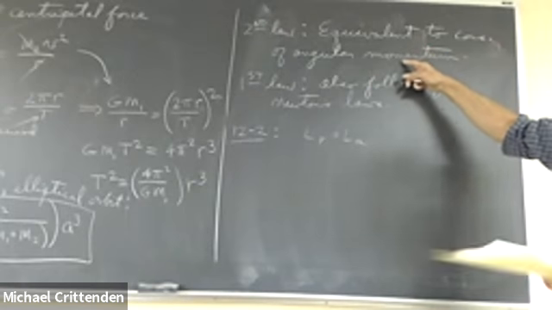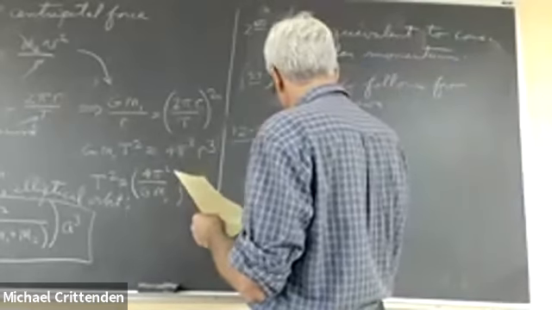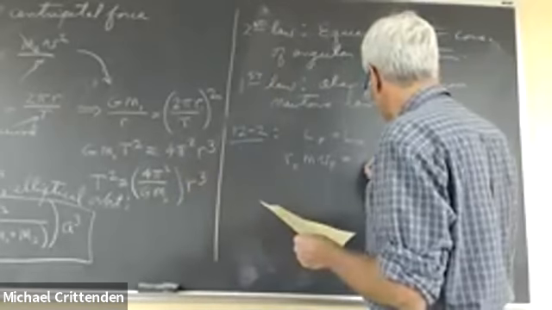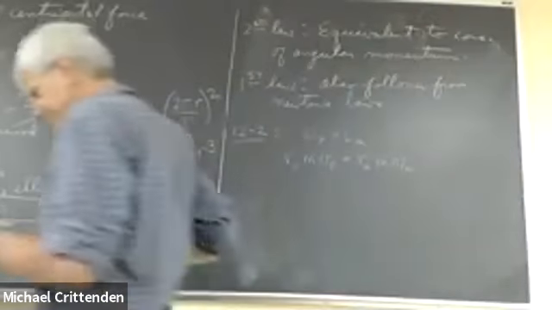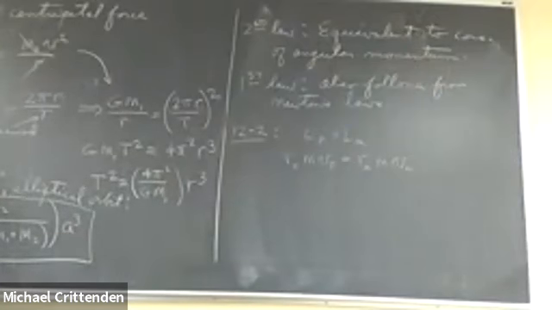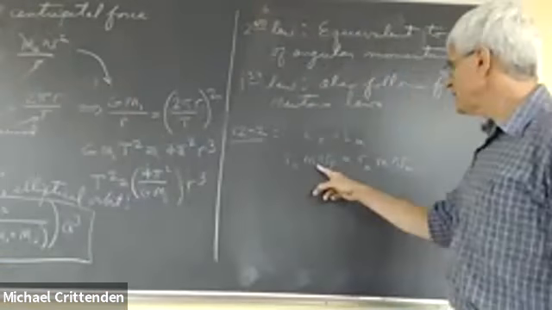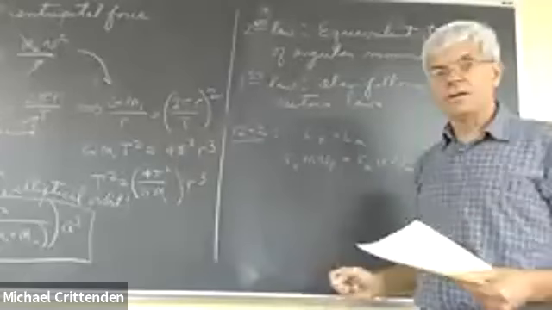It's conservation of angular momentum. Angular momentum is the moment of the momentum, r times mv. So r times the momentum at the one point equals r times the momentum at the other point.